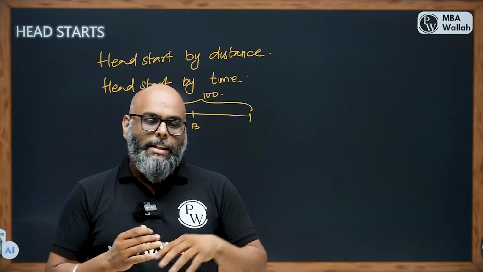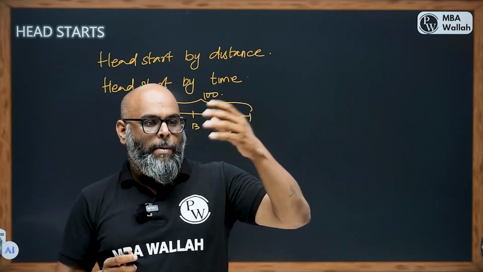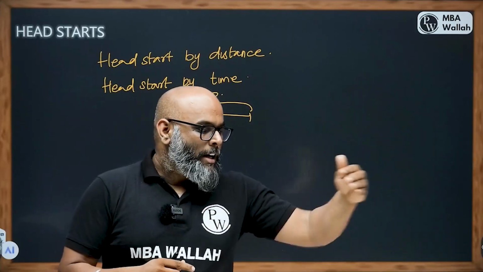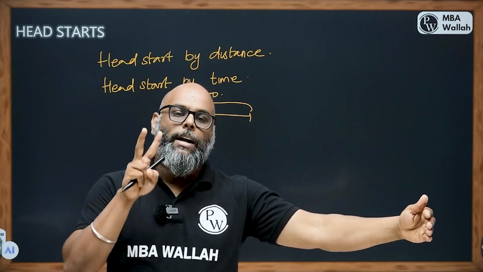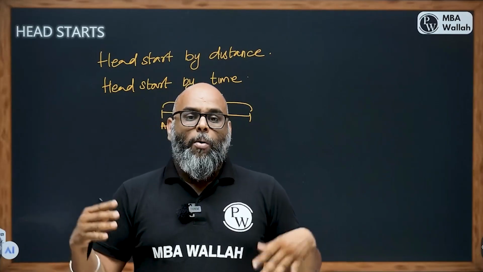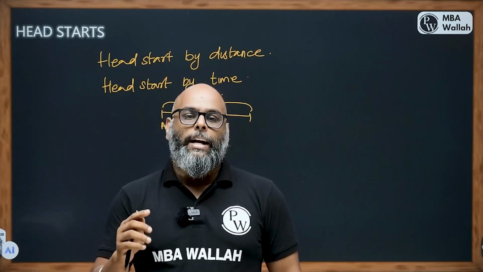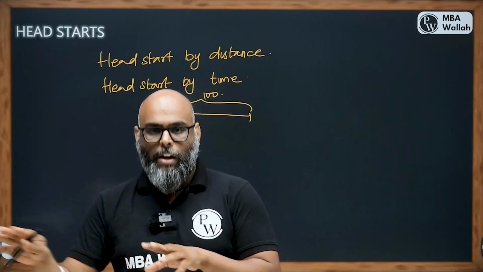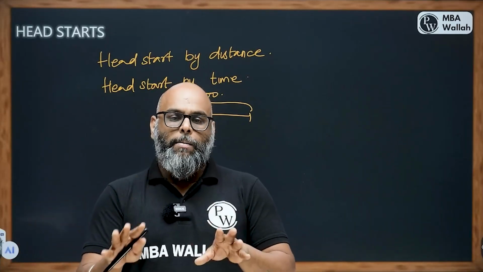Only when the question says A gives a head start of 10 meters and 2 seconds, which means he's making him stand 10 meters ahead and then starts running only after 2 seconds. The question has to say it. Otherwise, when you hear a question, A got a head start of 10 meters, we say that A and B started running together, but A ran 10 meters short.